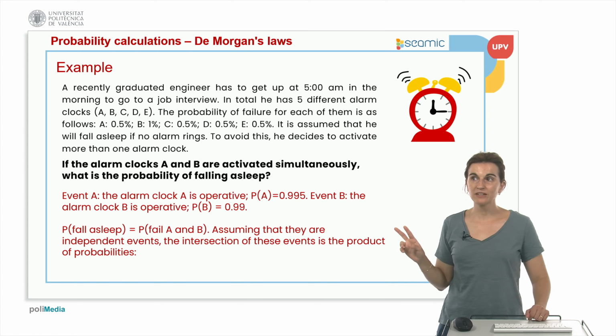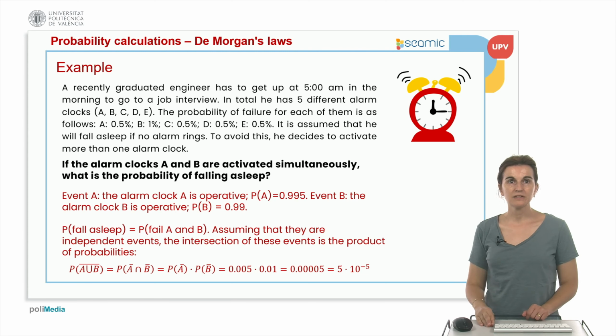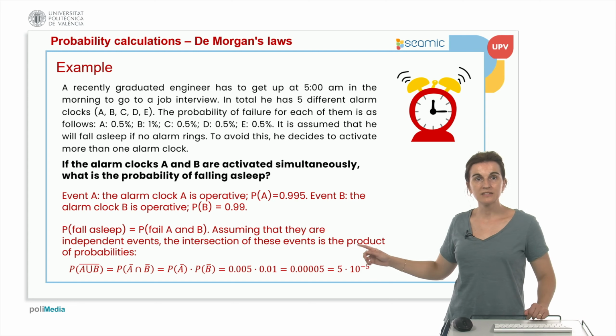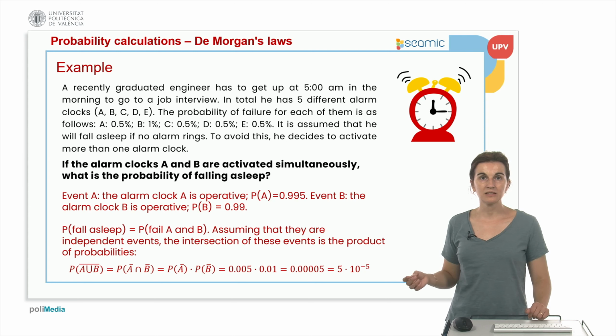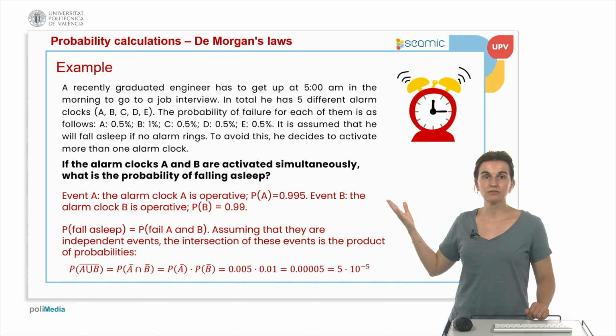Both events are defined simultaneously. So falling asleep is defined as the probability that A and B do not work, and this is defined as the probability of no A and no B. We are assuming that the clocks are independent, and this is something that it's deduced, it's obtained from the definition of the problem.